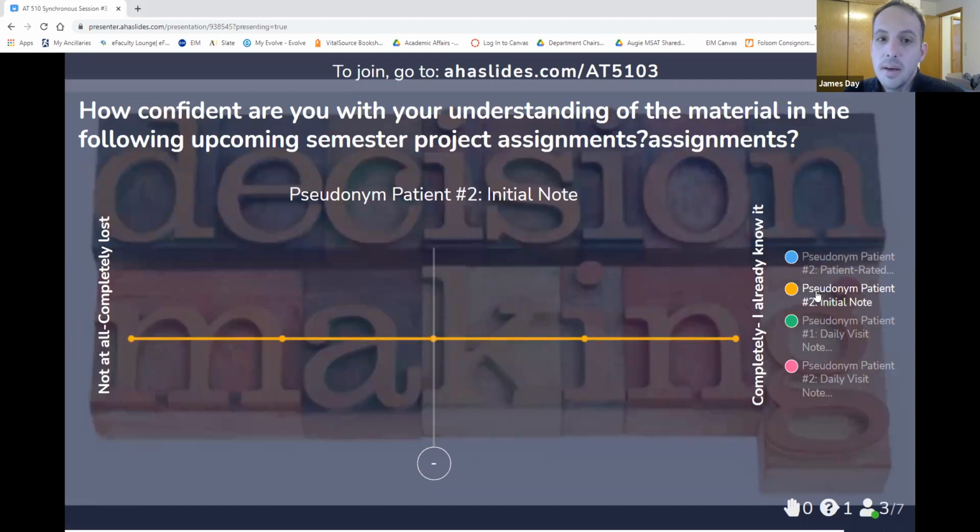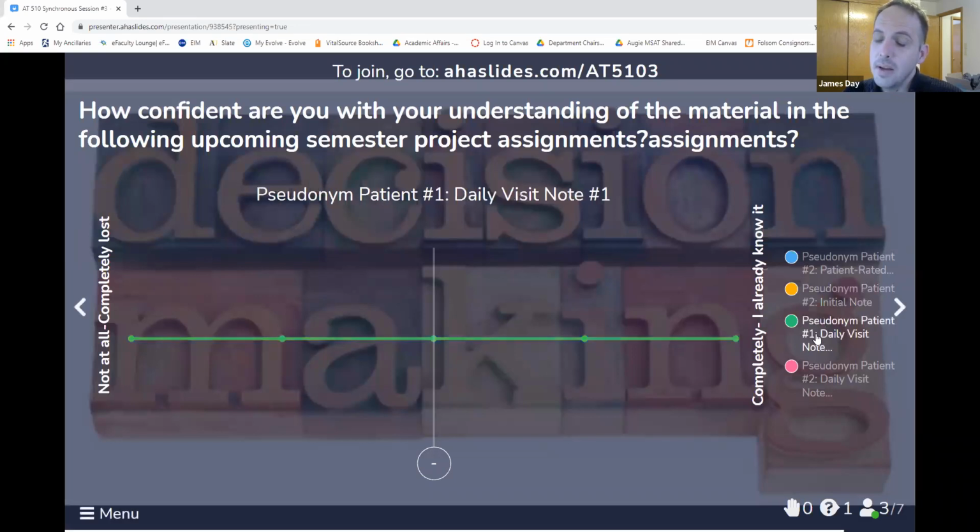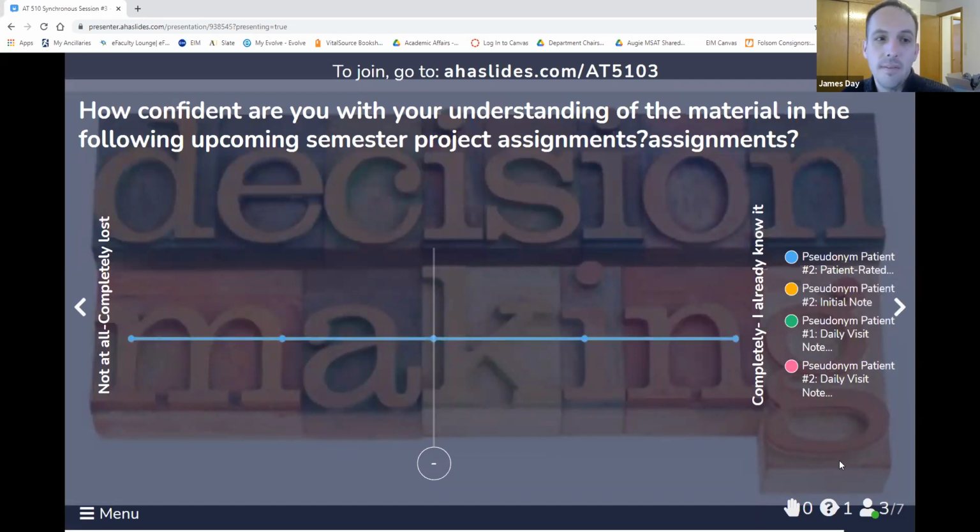These are the same as you just did, but in a different patient. And then you have a daily note due for each patient. So how comfortable or confident are you in your understanding of what you need to do in these assignments, or how to do them?